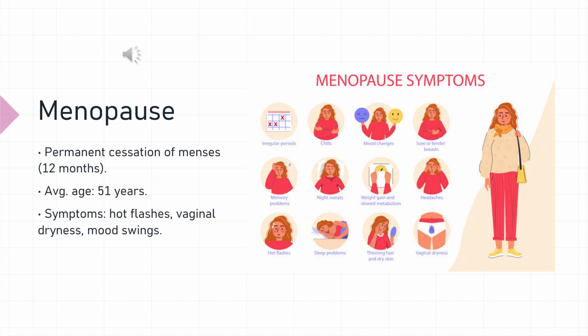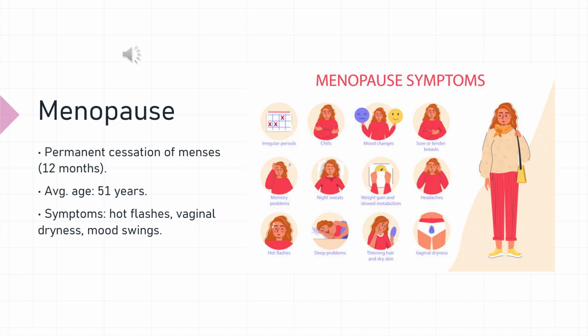There's perimenopause. This is usually about 2 to 8 years before menopause occurs. Patients may see irregular menstrual cycles and fluctuation of estrogen levels, and so they'll have those symptoms start, like hot flashes and mood changes.